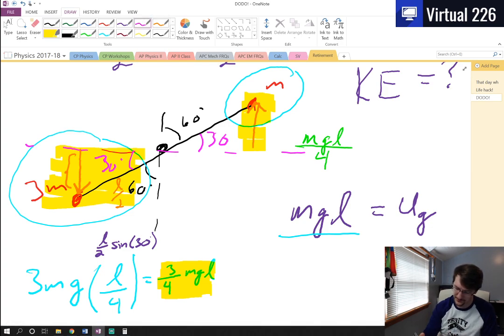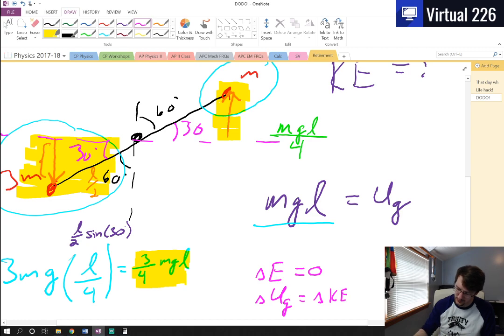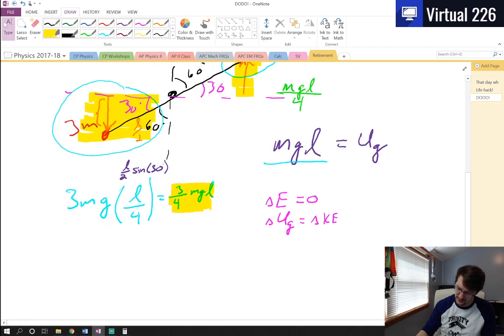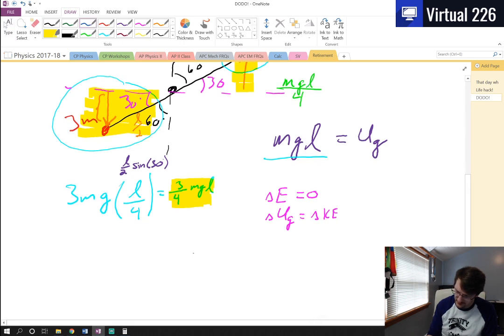So what we really want here is, because the conservation of energy has to exist, and your change in energy as a whole has to equal 0, the change in the potential due to gravity has to equal the change in the kinetic energy. So the way we can think about this is, we have lost 3/4 mgl potential, and we've gained mgl/4 potential.